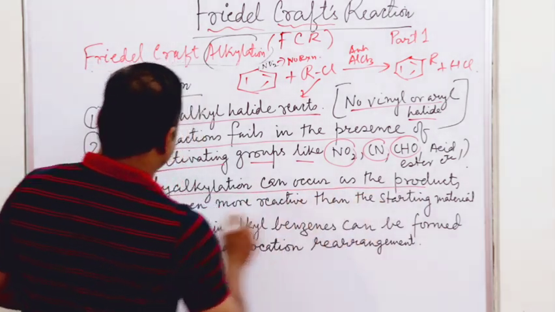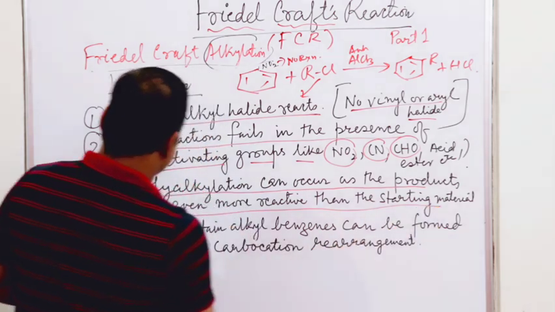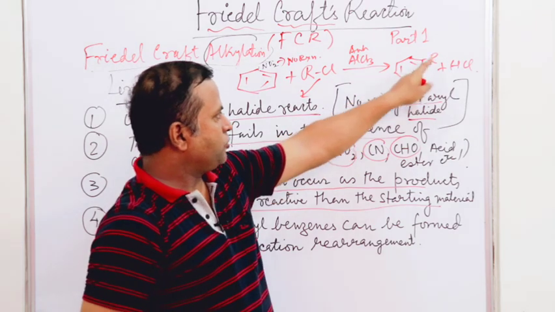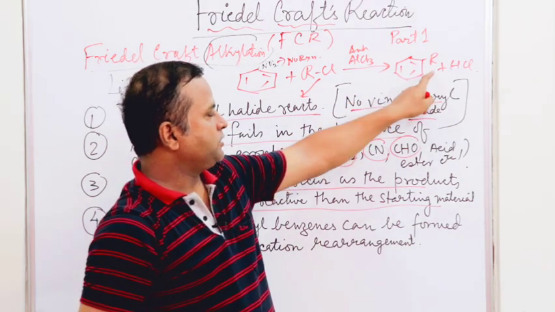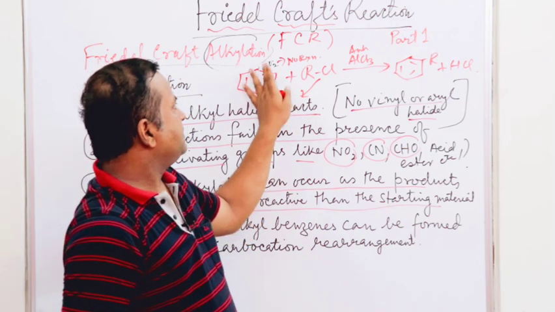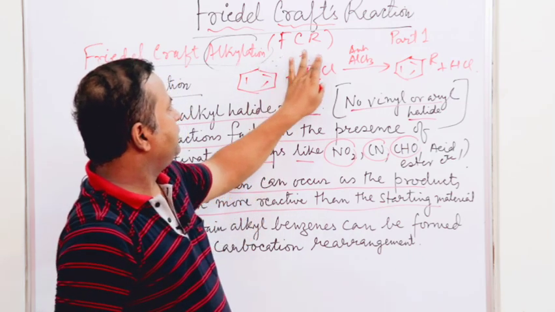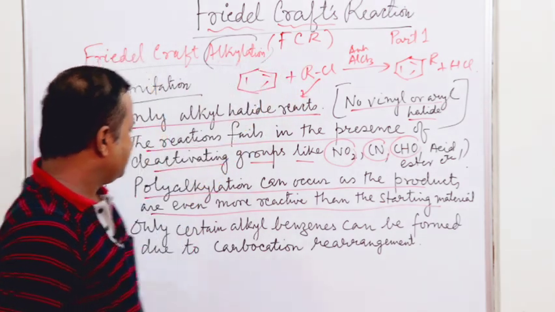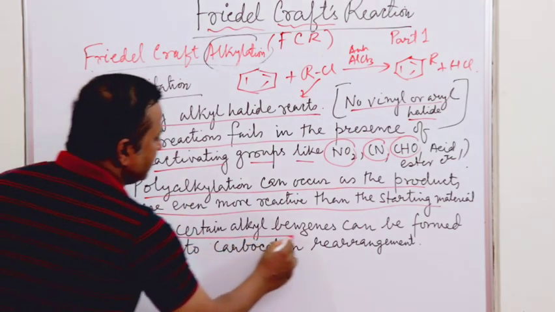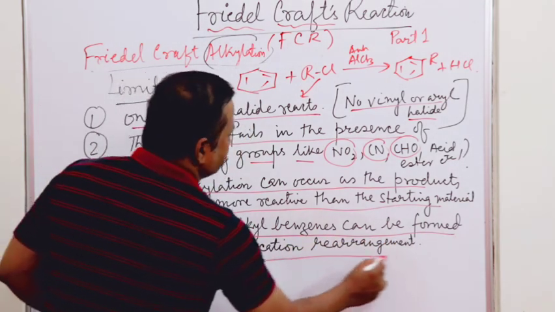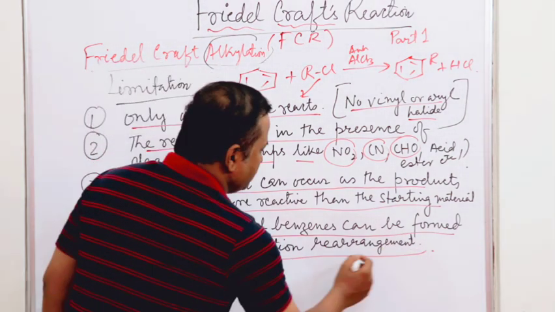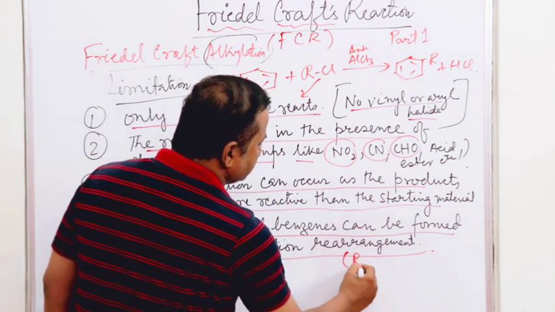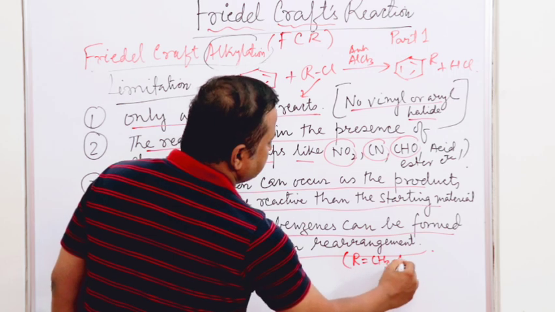Polyalkylation can occur as the products are even more reactive than the starting material. So the product here, the alkyl benzene, will be more reactive than this. As a result, there will be polyalkylation, so that will not serve our purpose of producing a monoalkylated product. And finally, only certain alkyl benzenes can be formed due to carbocation rearrangements. So we can introduce only alkyl groups CH3 and C2H5.